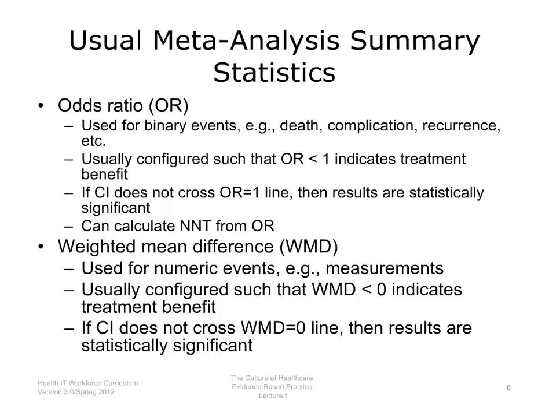The other summary statistic is weighted mean difference. This statistic is used for numeric events such as measurements, such as blood pressure value or blood sugar value. The weighted mean difference is usually configured such that a value less than 0 indicates that there is a treatment benefit, and a value greater than 0 indicates that there is benefit for the control intervention, just as an odds ratio value greater than 1 indicates that the control is of more benefit.